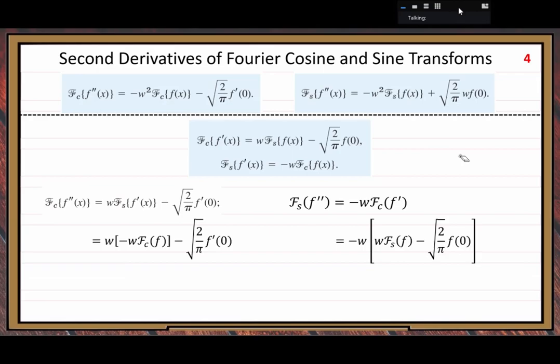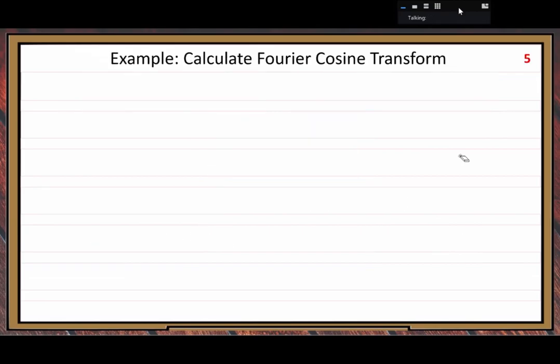Next, let's calculate one example of a Fourier cosine transform. Find the Fourier cosine transform of the function f equal to e to the negative a x. A very simple function. When we calculate the Fourier cosine transform, remember we can use the derivative formula.